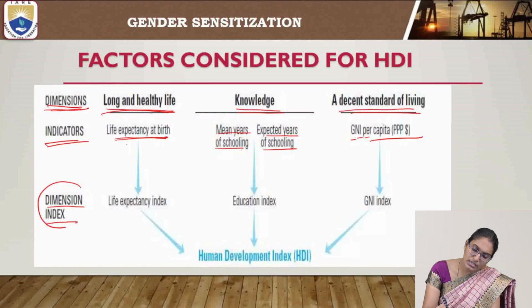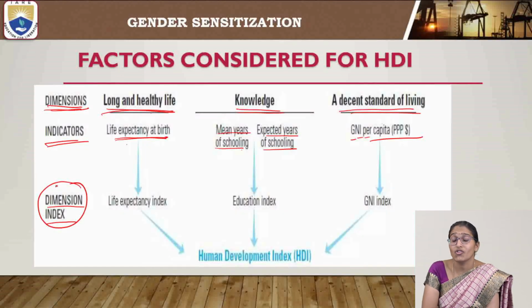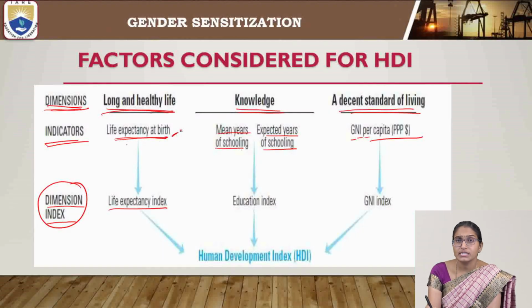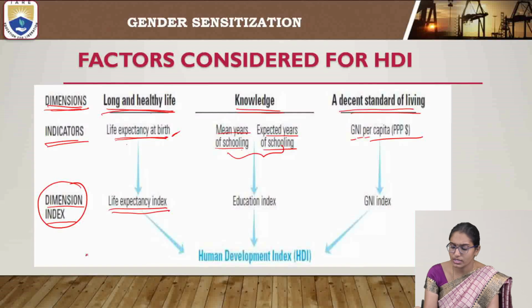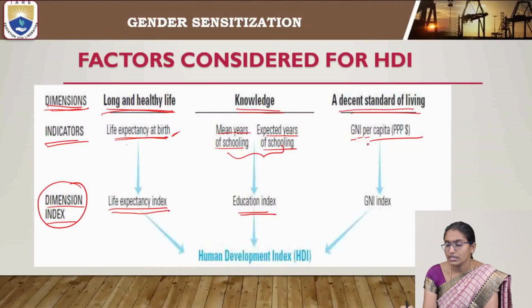Coming to the dimension index, what does it give? It gives the life expectancy index. From the life expectancy at birth, you get the life expectancy index. In the same way, when you calculate the mean years of schooling and expected years of schooling, you get the education index, and from gross national income you get the GNI index.